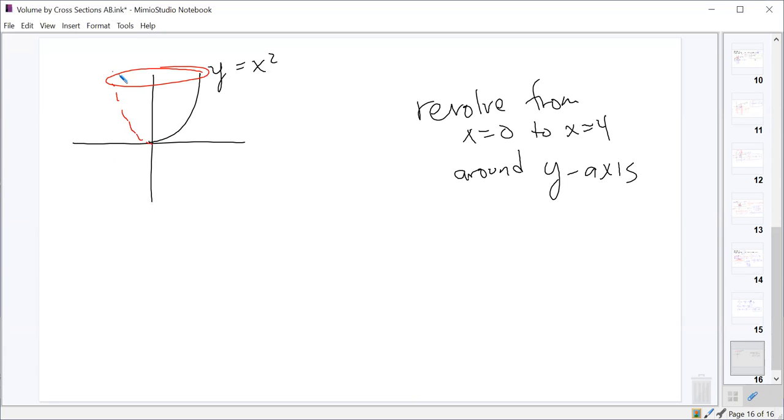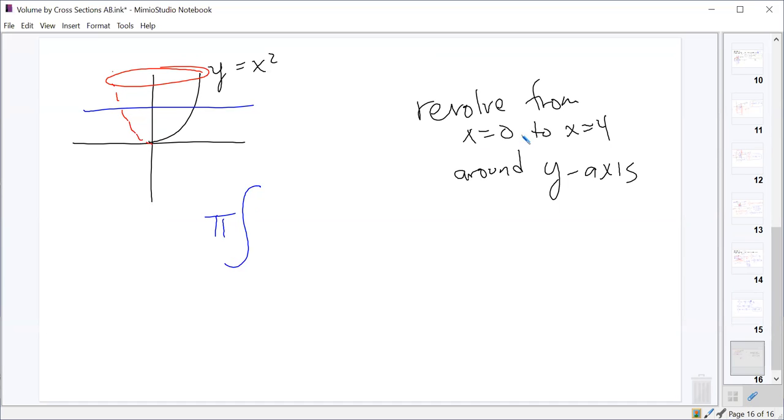And then we'd have to slice it so that it's dy. Exactly. Anytime we're going to revolve around a vertical axis, we have to slice it in terms of y. So what should we do? Do what we did on the last problem. Same process.